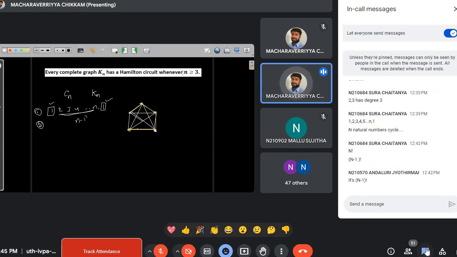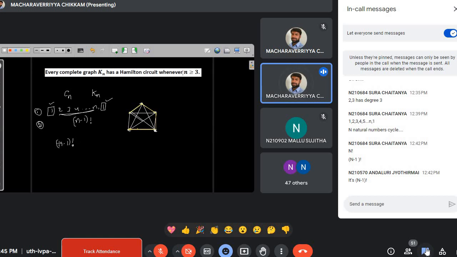We have n minus 1. So, in n minus 1 factorial ways, we can arrange it. These are the number of Hamilton circuits starting with 1. Like that, for every number, we can have n minus 1 factorial Hamilton circuits.